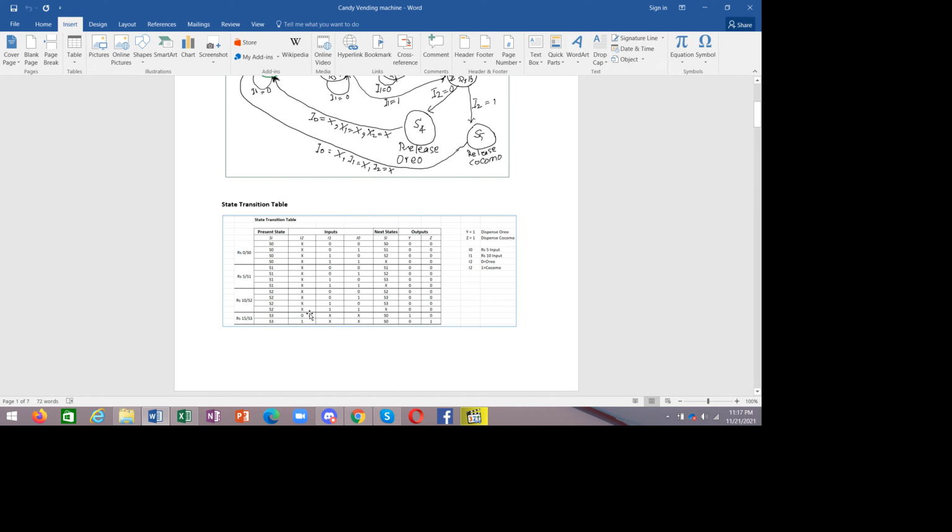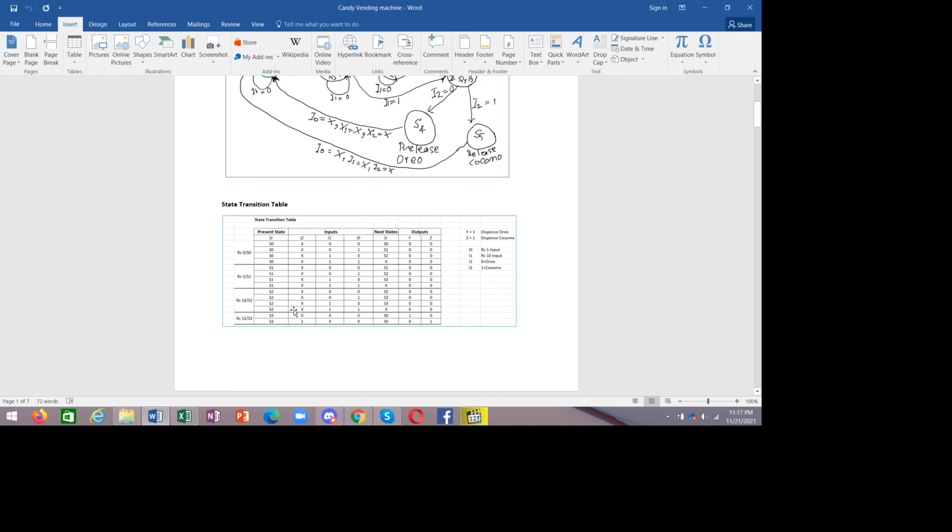For all the other cases, I've taken I2 as don't care, as you can see, because we only care about the final output once we are in the final state. Our final state is S3, in which we handle the greater than or equal to 15 case in terms of money.